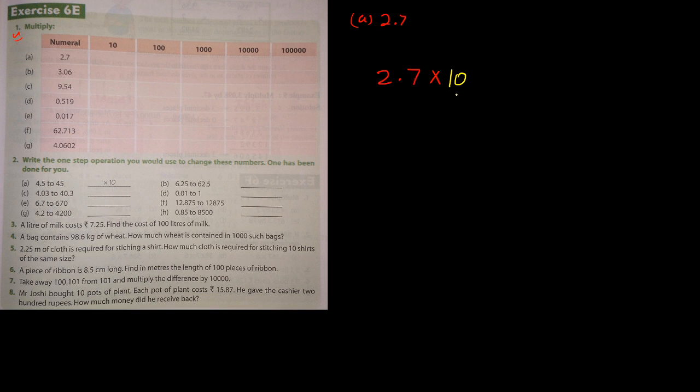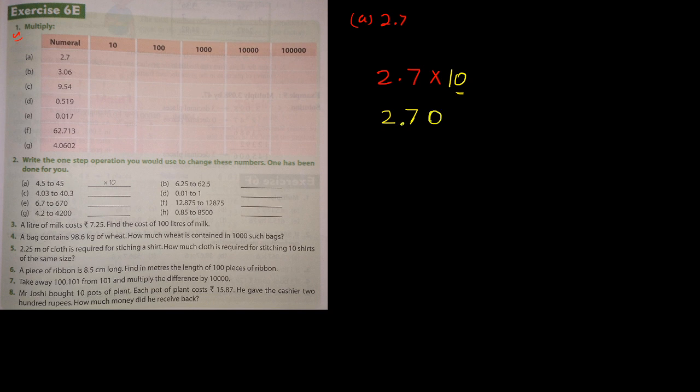I'm going to tell you a very important thing. How many zeros are there? There is one zero. So if there is one zero, you have to place this zero here. So it will become 270.